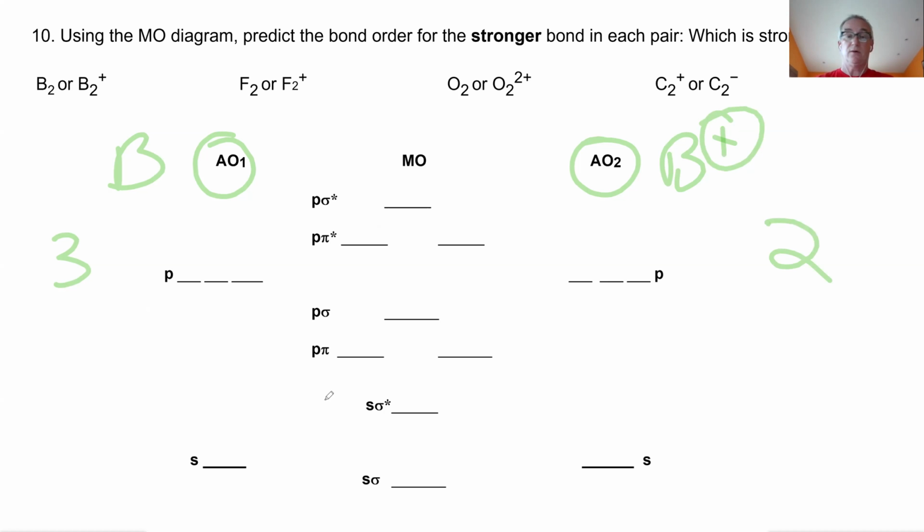So it only has 2. So we have a total of 5. Where would we put the valence electrons for boron between S and P? Where did we put them?